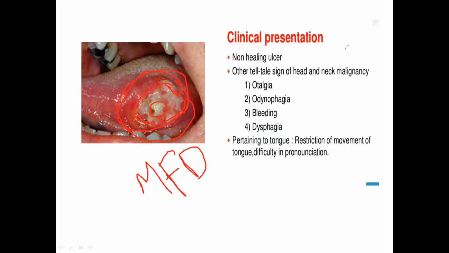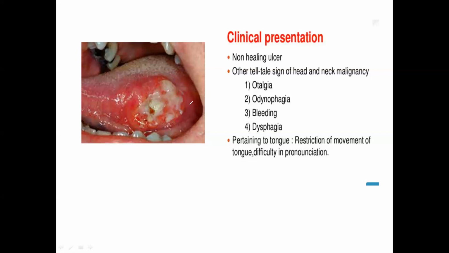In MCQ, they can give you a non-healing ulcer present on the lateral border of the tongue from so and so days. What is it? Squamous cell carcinoma, oral aphthous ulcer, or candidiasis, whatever. So you shall understand what an oral squamous cell carcinoma is. This is actually cancer, when an ulcer is present for a long time and is not healing.